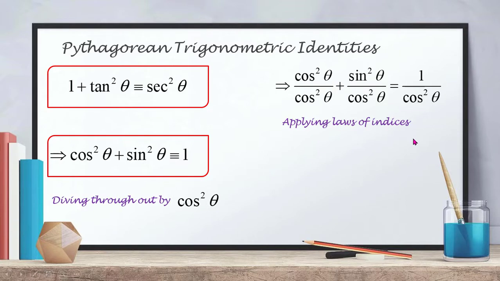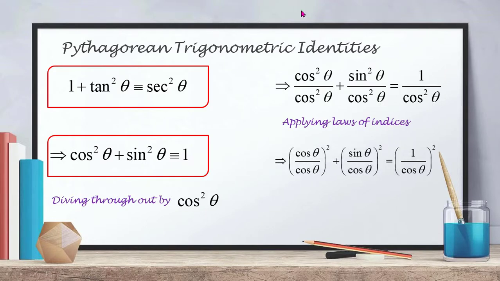And then if we apply our laws of indices, we can comfortably write cos squared theta over cos squared theta as simply cos theta divided by cos theta, everything squared. In the same way here, we can write that as sine theta divided by cos theta, everything squared. And we can write that as 1 over cosine everything squared. Now we know that cos theta divided by cos theta will simply give us 1, which is this one here.